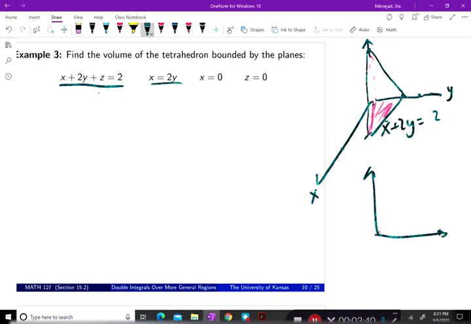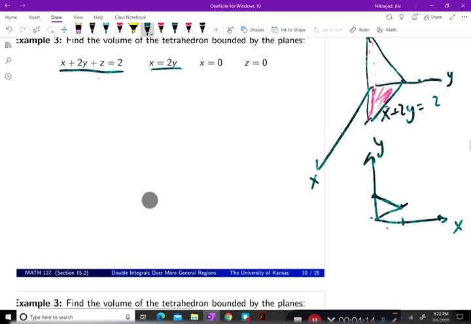So x equal to 2y here, and then the other one is x equal to 2 minus 2y. It goes like this. So in here, if I said x equal to 0, y is going to be 1, and going this way. Now this is the x-axis, this is the y-axis.